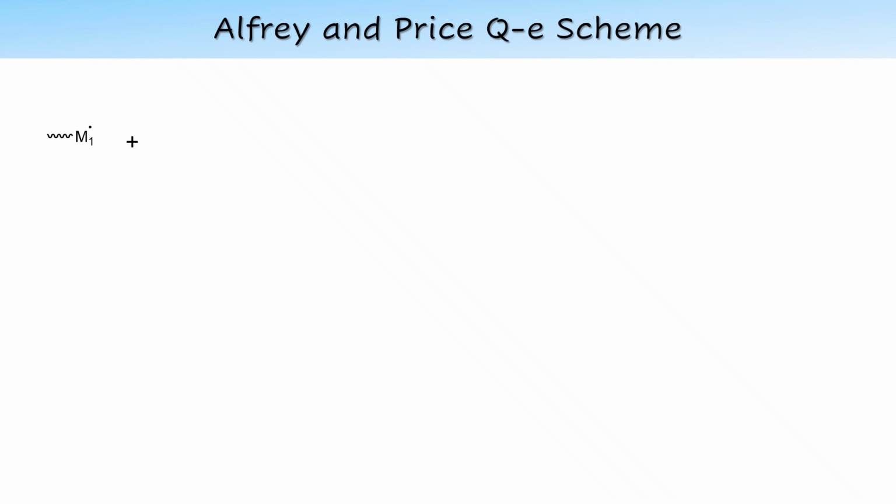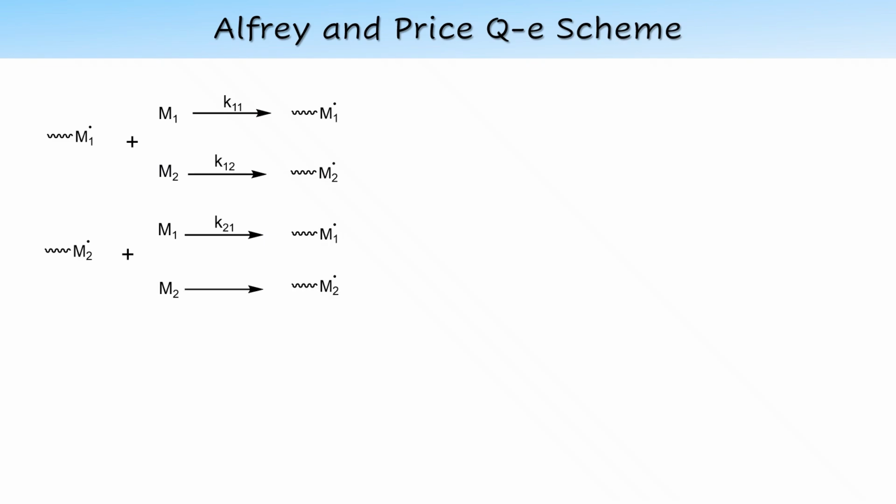We begin with the four basic reactions in copolymerization. A radical ending in monomer M1 can add another M1, that is self-propagation, with the rate constant K11, or it can add monomer M2, that is the cross-propagation, with rate constant K12. Similarly, a radical ending in M2 can add M2 or M1.